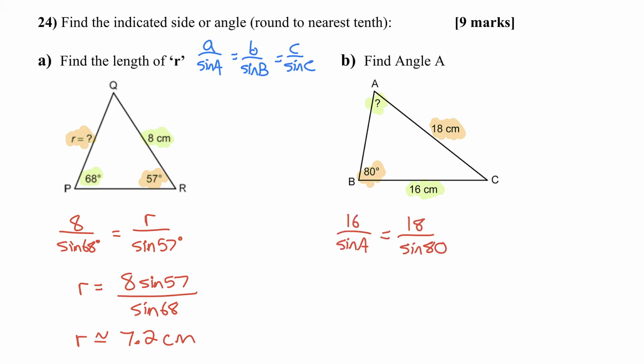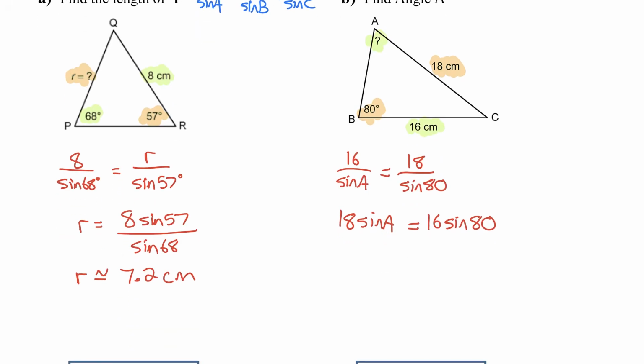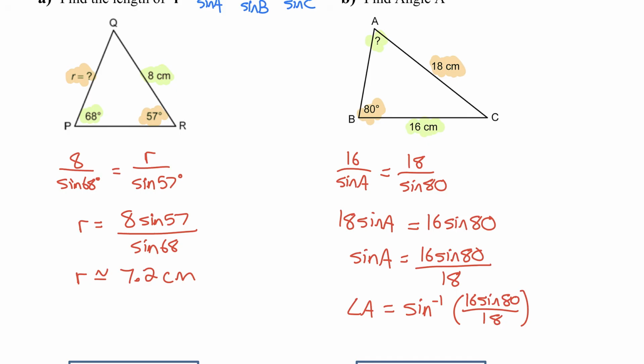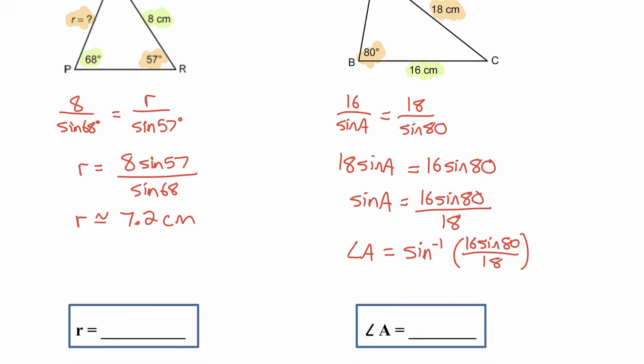What I think I'll do now is cross multiply: 18 times sine A is equal to 16 times sine 80. My goal is to solve for angle A, so I'll isolate sine A by dividing the 18 to the other side. And when we know the ratio and want the angle, we'll do inverse sine of that whole ratio to get angle A. If I do that, I get about 61.1 degrees.